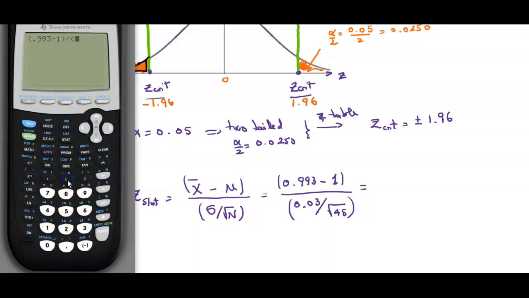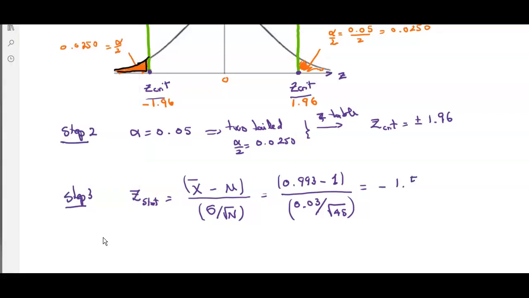Divide, open the parentheses again, 0.03 divided by square root of 45. Make sure you exit the square root before closing the parentheses, and enter. So we end up with the value minus 1.565, minus 1.57, right?